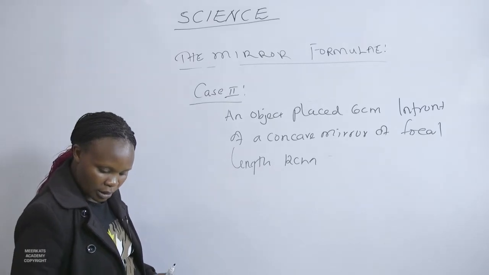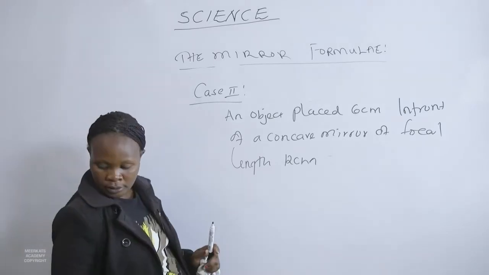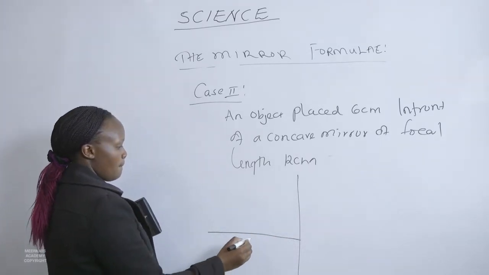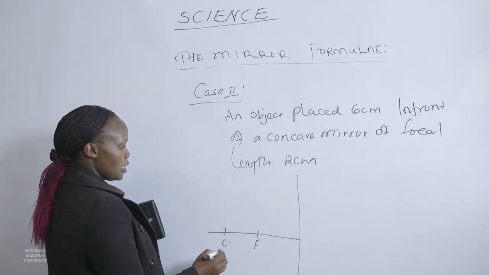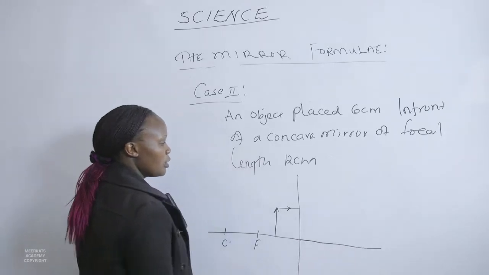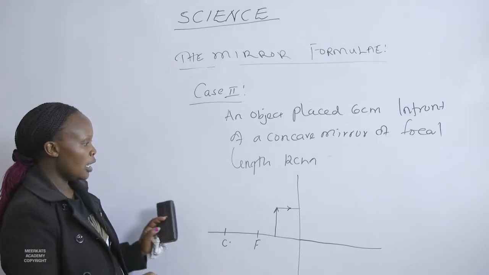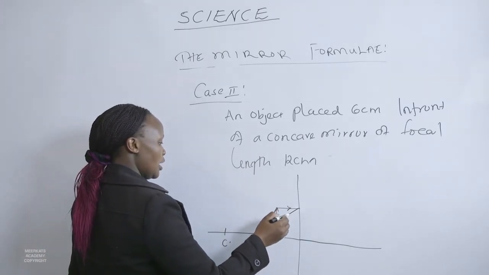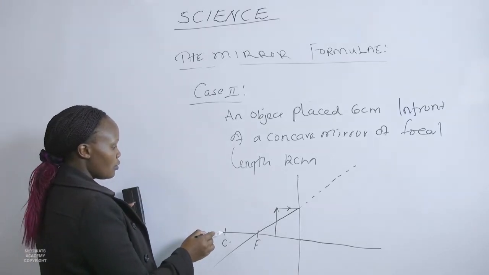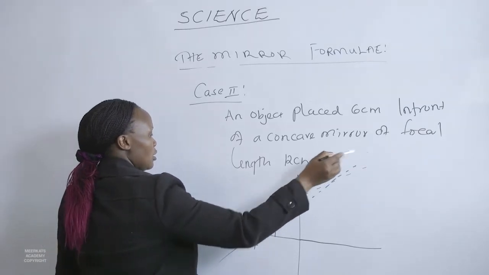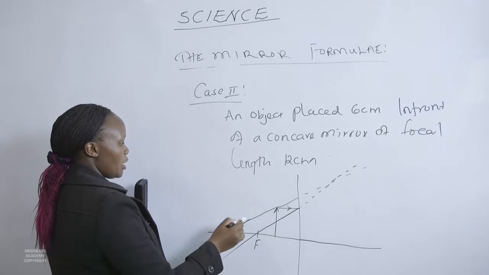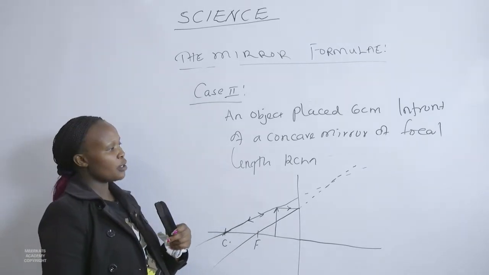Let us try and come up with that kind of a sketch where we have F here, we have C, then we place our object somewhere there so that we can consider a ray which is parallel to the principal axis and is going to be reflected through F. Then we can consider a ray through C, and this ray, we expect it to pass on undeviated.